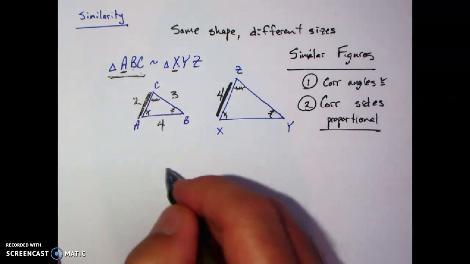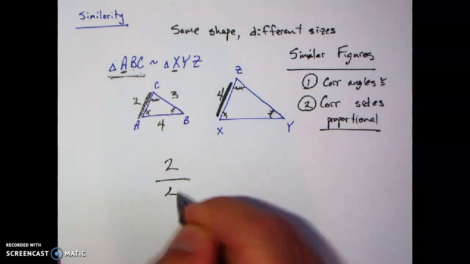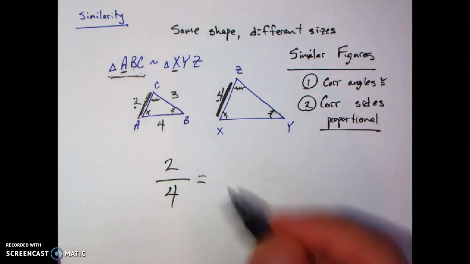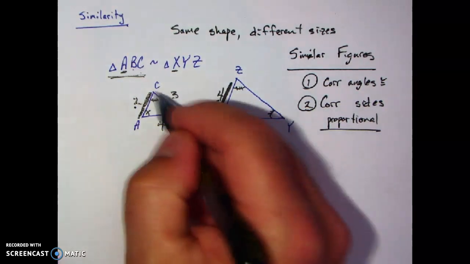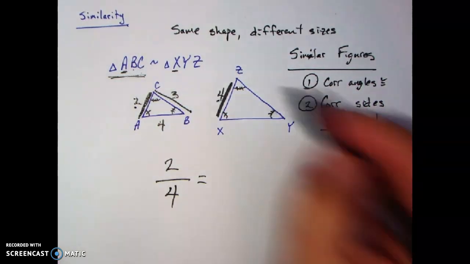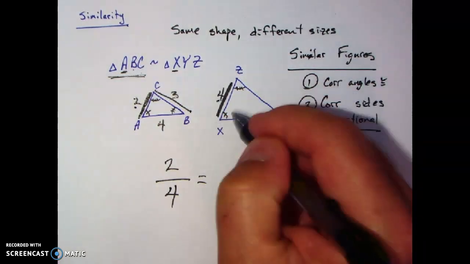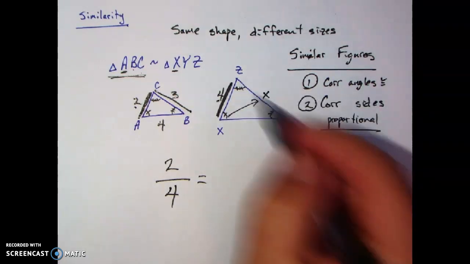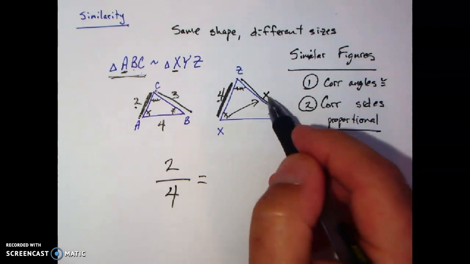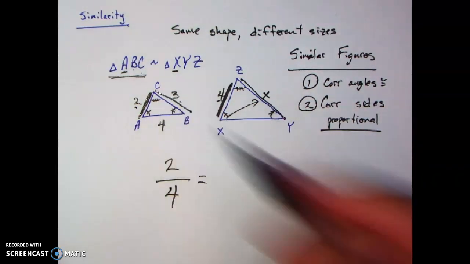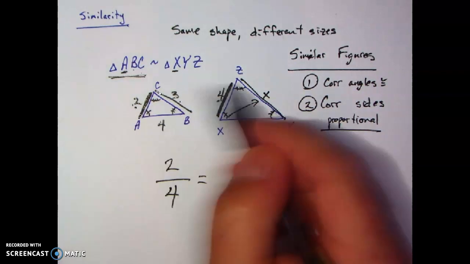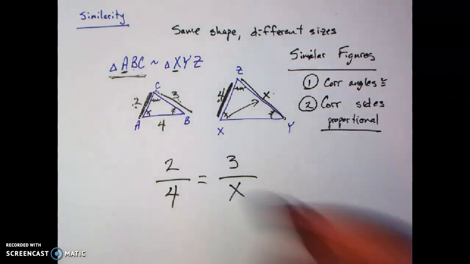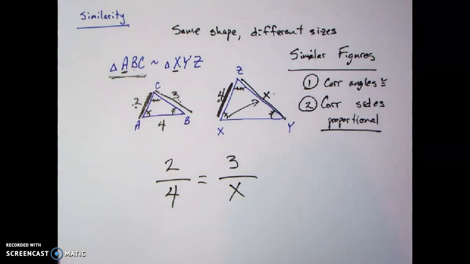So when we set up our proportion, we would say 2 over 4 would be equal to, and then, if I know BC and I want to find this side here, opposite of angle X, we'll say that's side X. I need to use a corresponding side. So 2 is to 4 as 3 is to X. And then we cross multiply and solve.